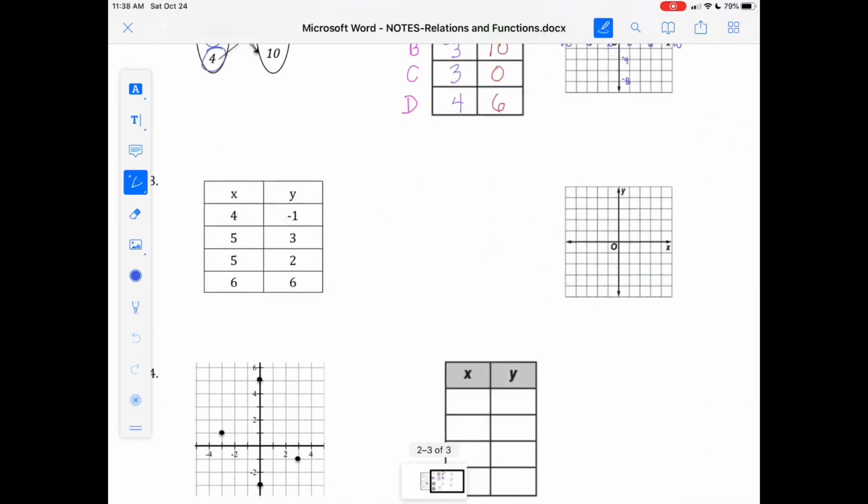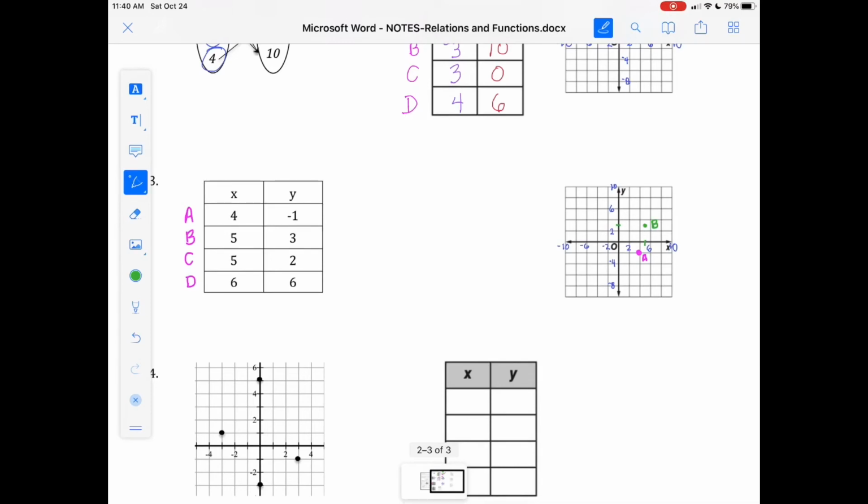Here's question 3. So for a problem like this, we will define our points and identify for A. We go to the right 4, down 1. Notice the increments here I chose were increments of 2, so I could fit that all in. There's A. For B, we want to go to the right 5 and up 3.